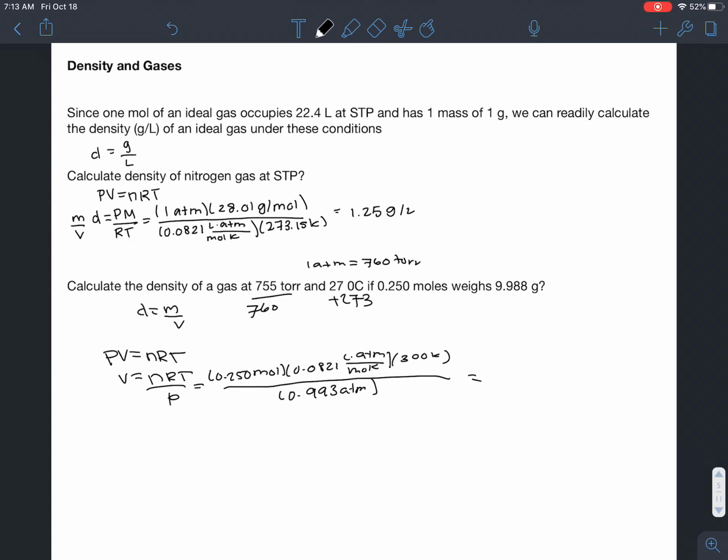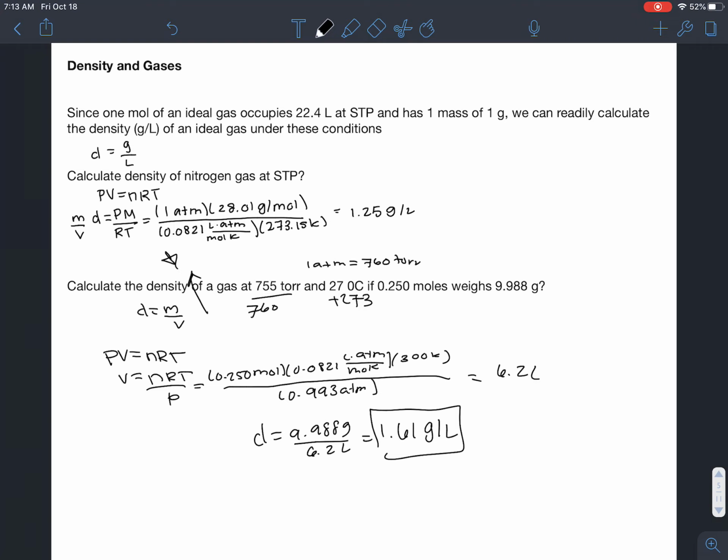And then that equals 6.2 liters. And then for your density, you take your mass and divide by the volume. And that gives you 1.61 grams per liter. You also could have used the way up here and plugged it all in, and you would have gotten the same answer.